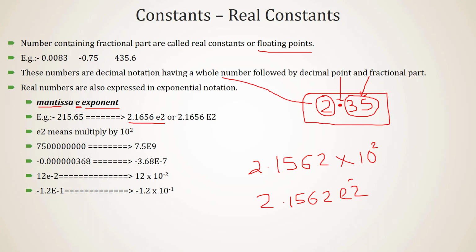E can be either in lowercase or uppercase; both are valid. So E2 means multiply by 10 squared. So what will be E minus 2? Please respond. Anyone? What will be E minus 2?